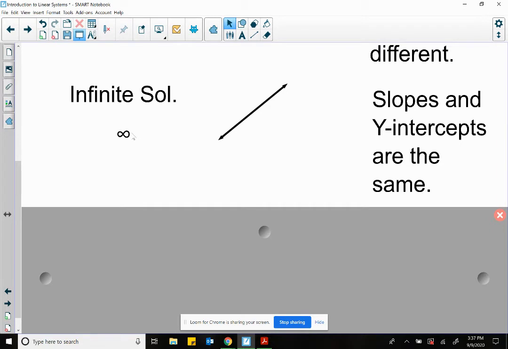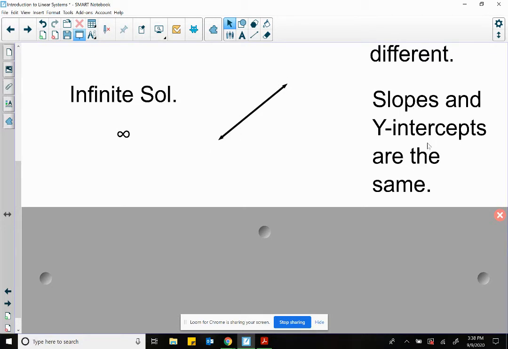It's kind of like a sideways 8. Graphically, it looks like a singular line. Okay? And the reason why it looks like a singular line is because both lines are graphed on top of each other. So how many times do they intersect? Infinitely many times. Because both lines are the same.